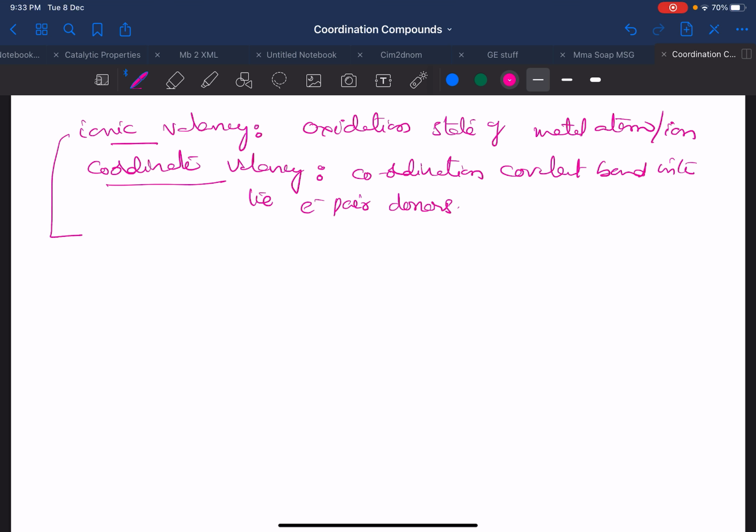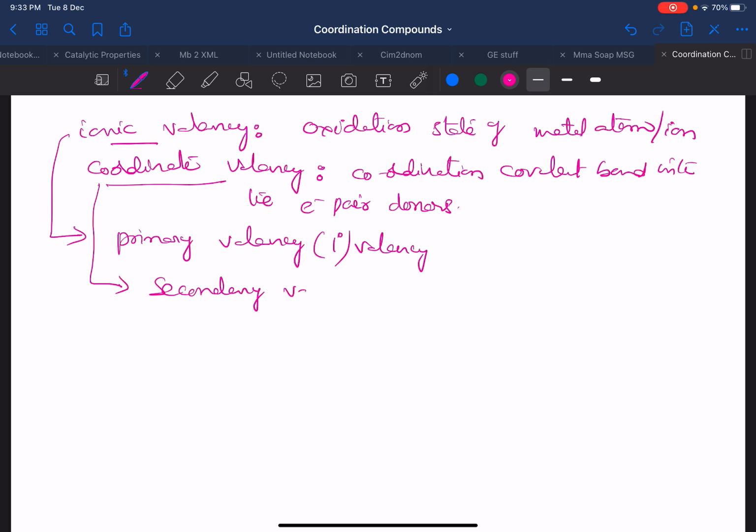This ionic valency is also called the primary valency.